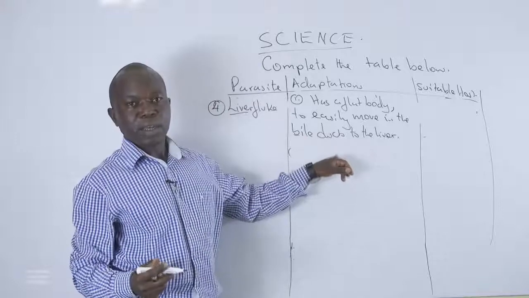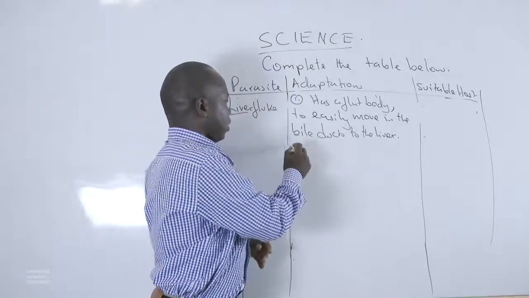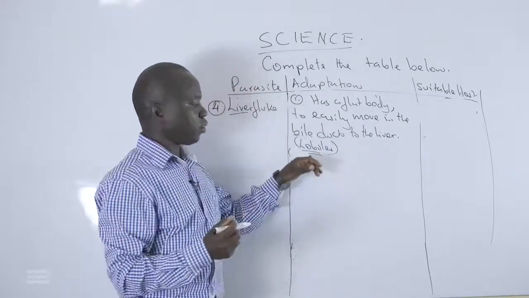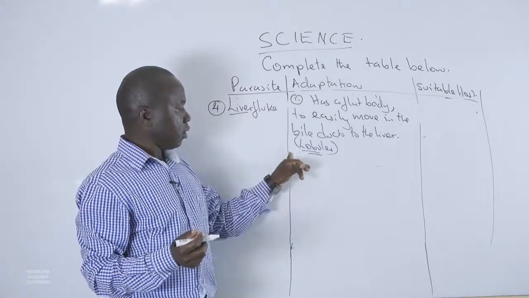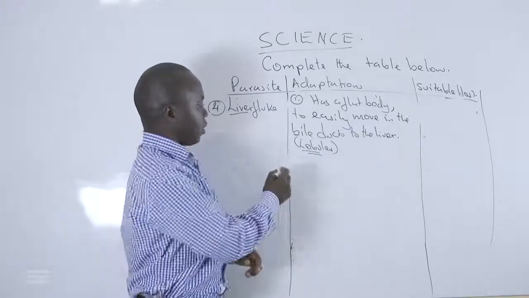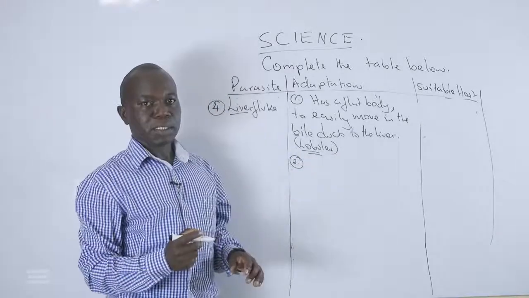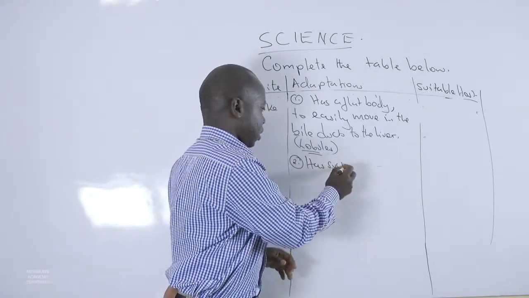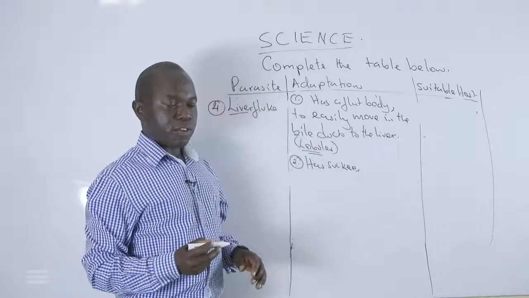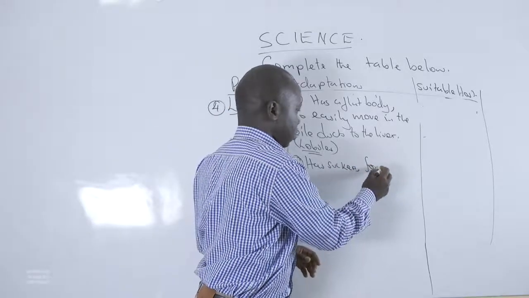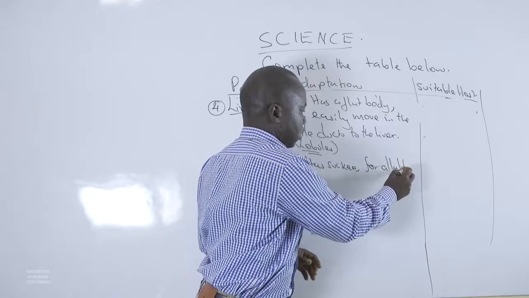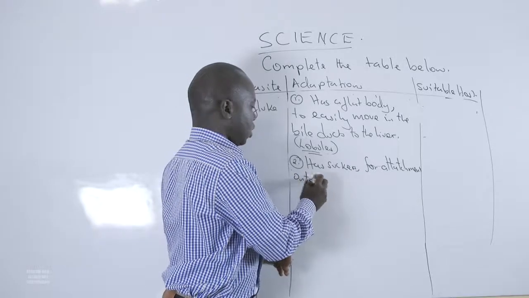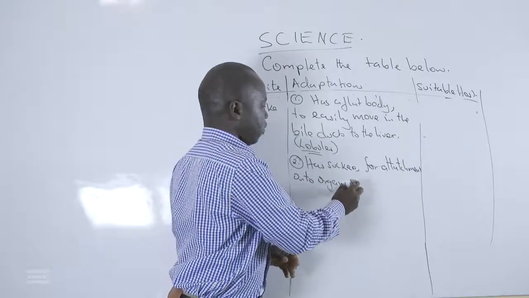And then also in the liver we have spaces called the lobes or lobules. So again, the flat body is for purpose of squeezing itself into these lobules. Again, the mouth parts are suckers for attachment onto organs of the host.